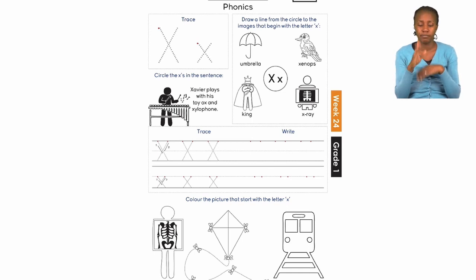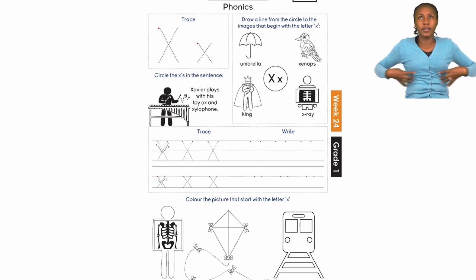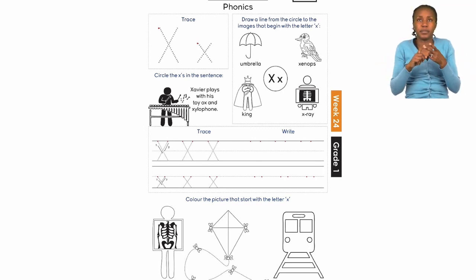Here it says, color the picture that starts with the letter X. Let's have a look at the pictures. The first picture is an X-ray. Then you have a kite.